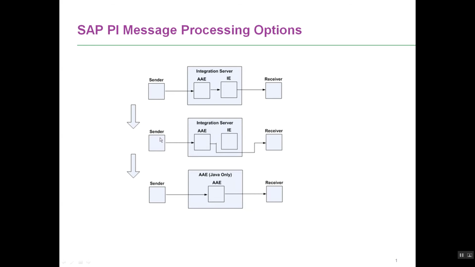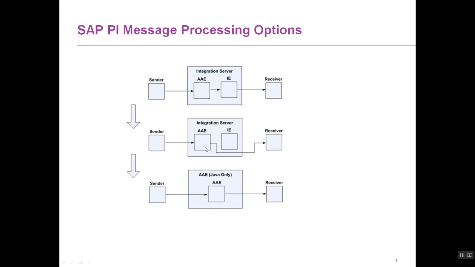The sender adapter picks up the file, but the adapter engine does all the processing and pushes it out to the receiver. The ability of the adapter engine to process the message locally within itself, without having to send the message to the integration engine as we saw in the classical processing, is what is called local message processing within PI.